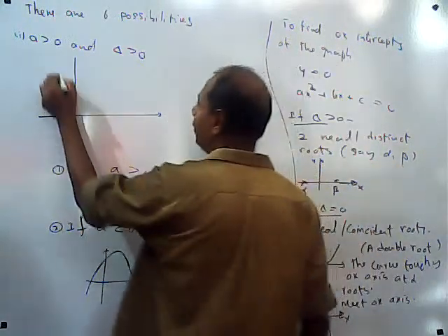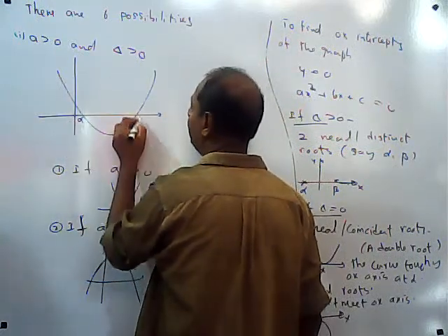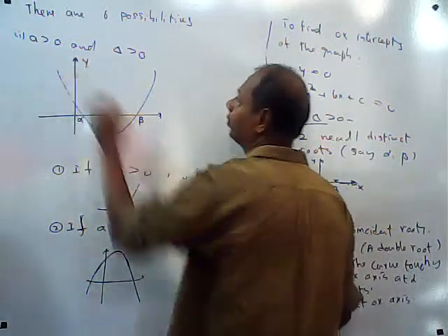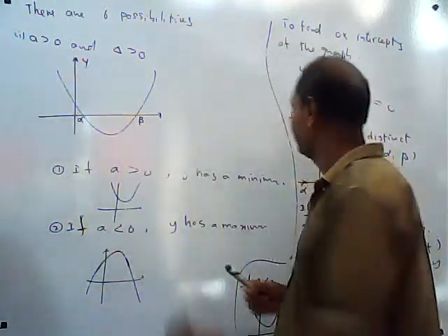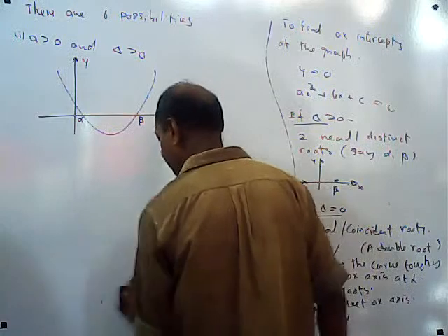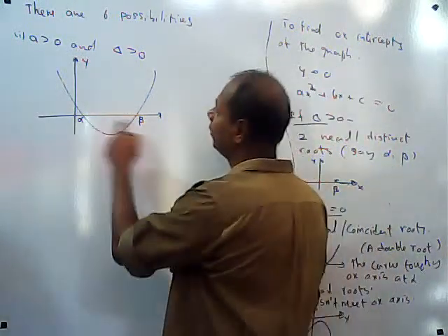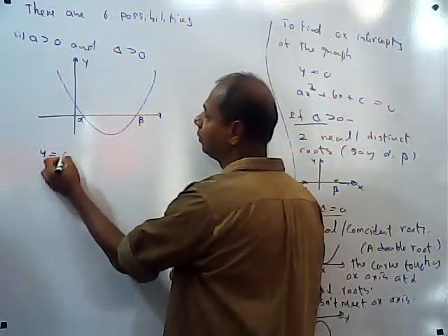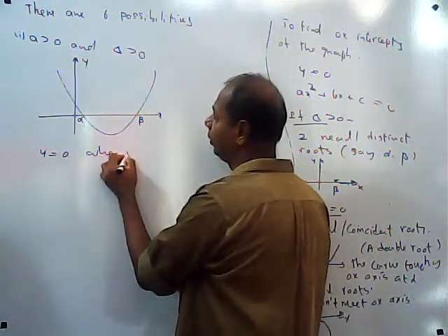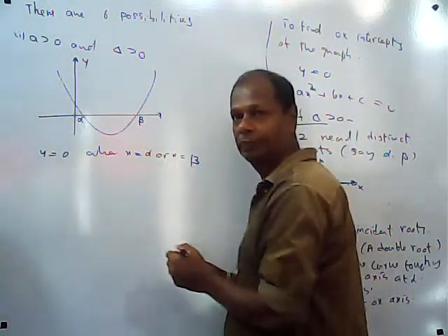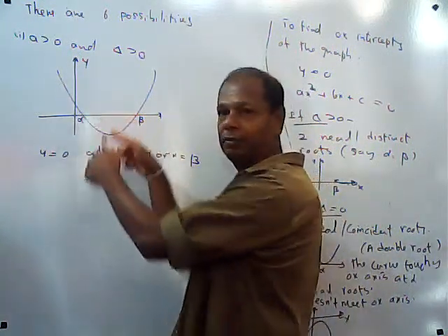Name them alpha, beta. Right? This is the first. So we can explain it a bit more. When x equals alpha or x equals beta, y is equal to 0.